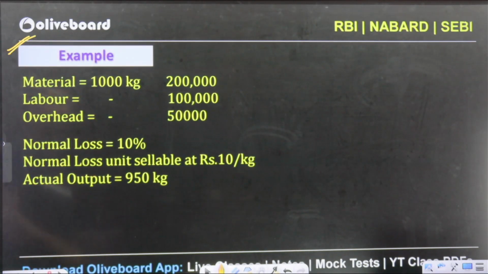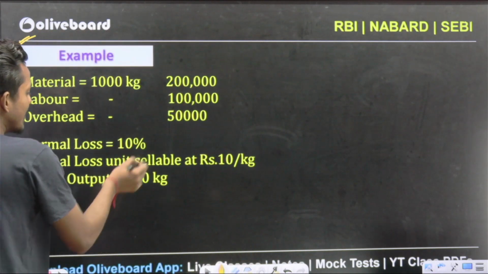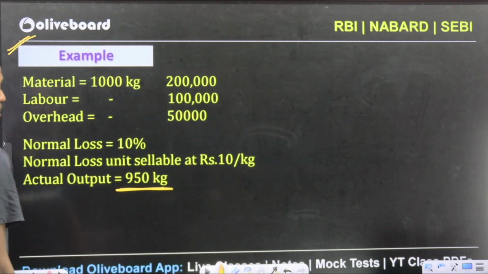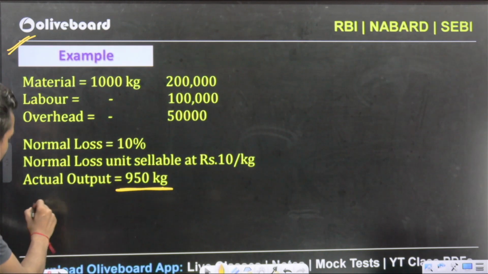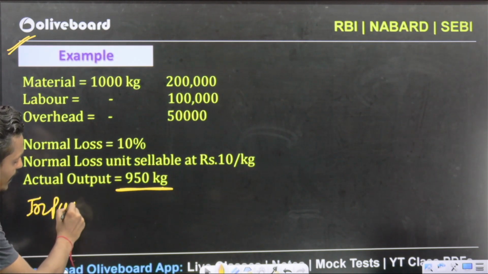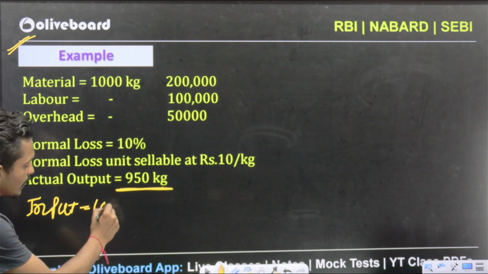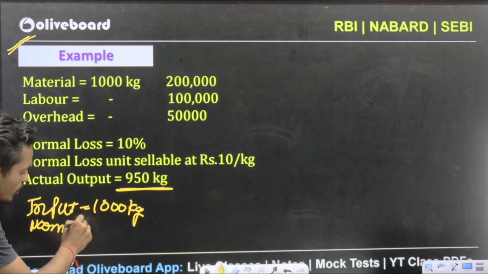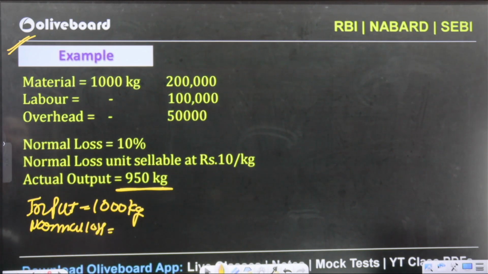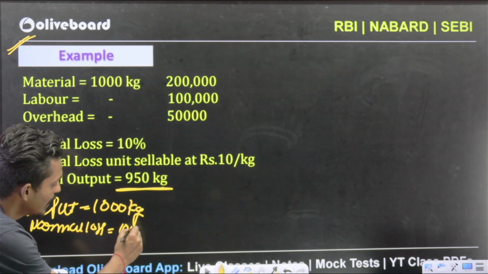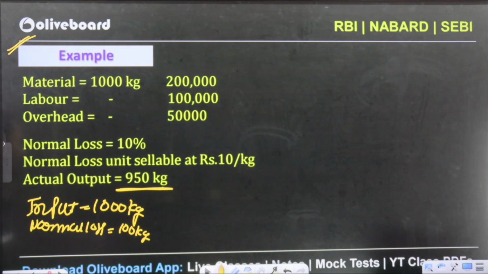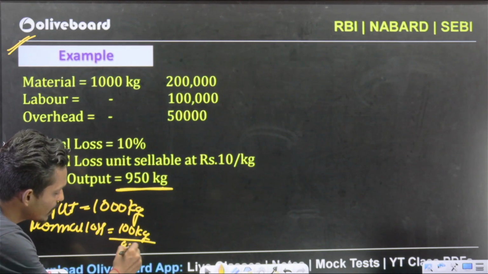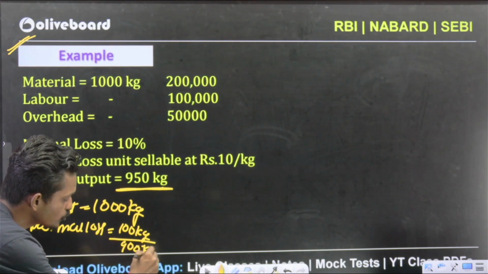So yes, we have an example. Now we have the material cost, same example as before, but right now my actual production is 950. I know I have introduced an input of 1000 kg, and I have a 10% normal loss, so generally I would have only 900 kg of actual production.